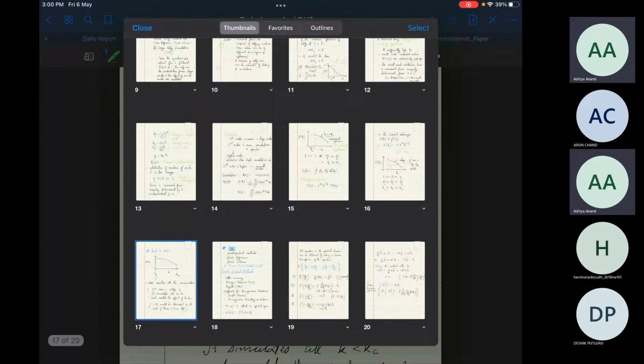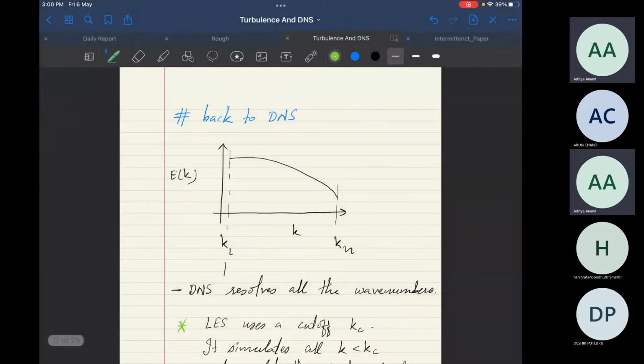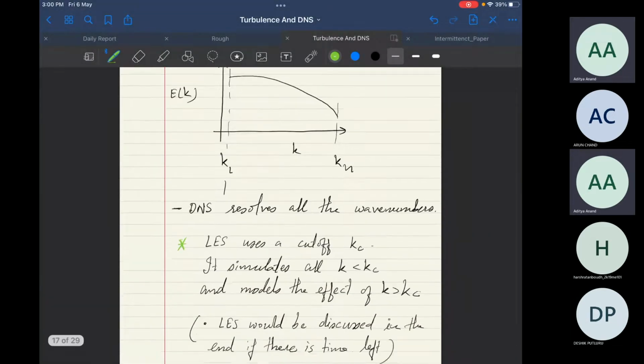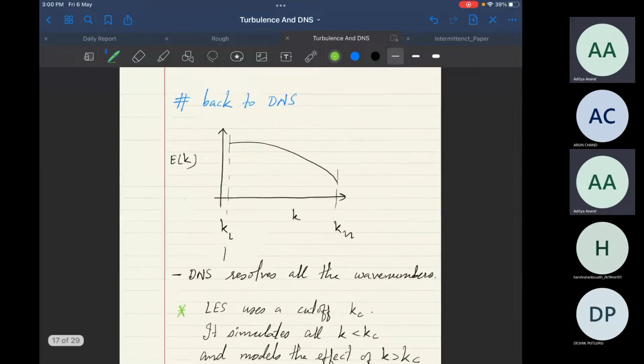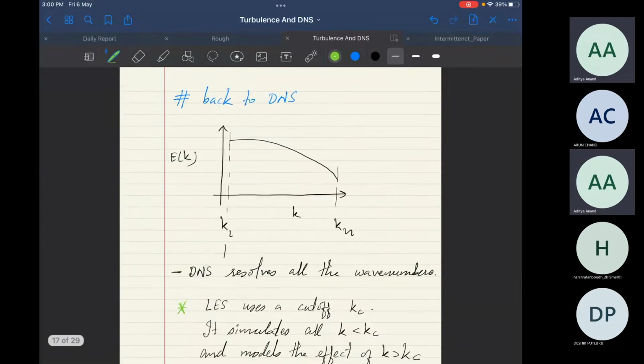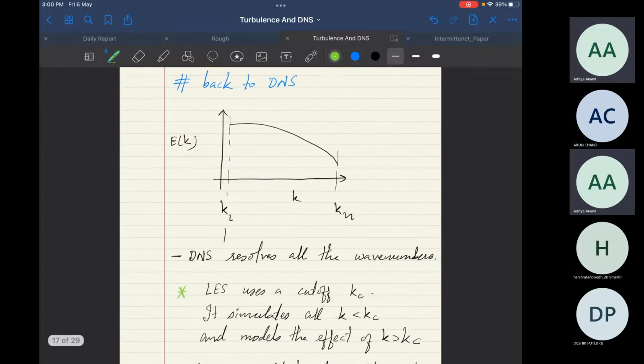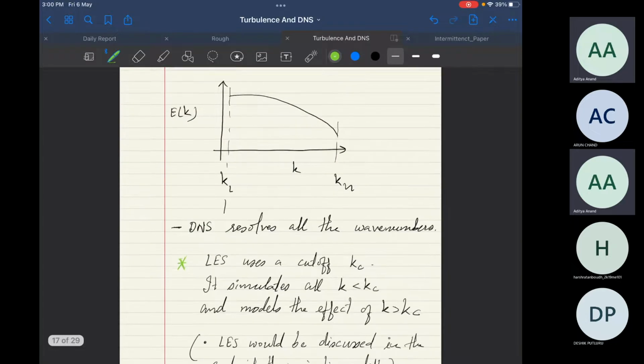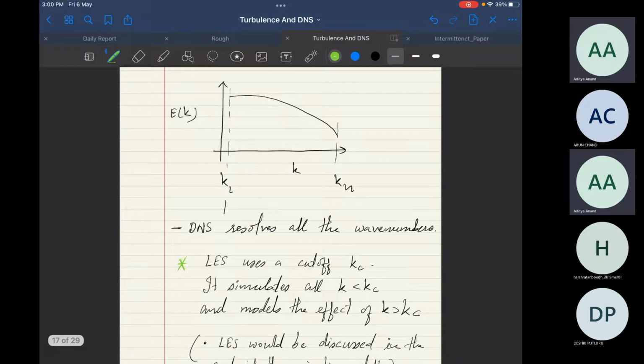Okay, so now that we have discussed the length scales, we are back to DNS. DNS is used to resolve all the wave numbers. However, it takes a lot of computational effort to resolve all of them. So LES, that is large eddy simulation, only simulates the large eddies.